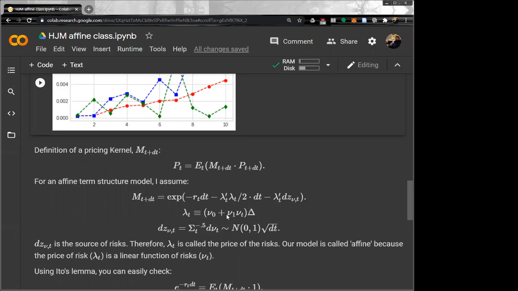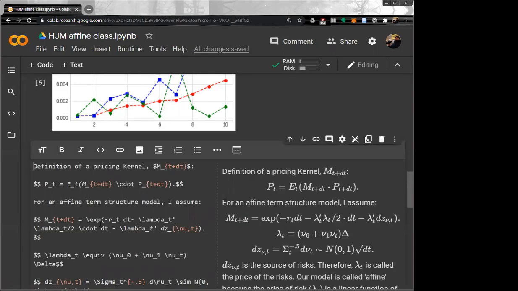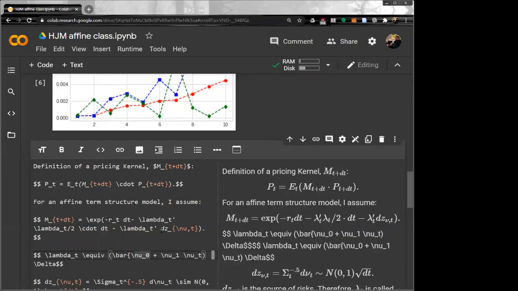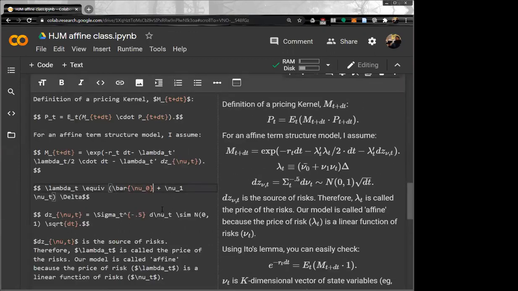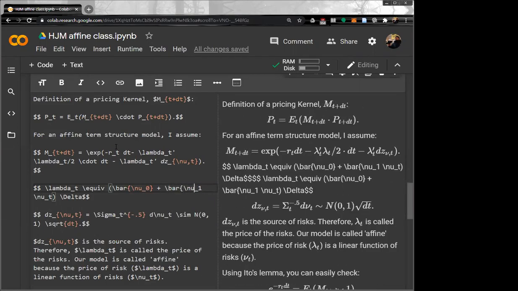Okay, to make it better, let me add a bar. So we have a bar over here, slightly better. You need another bar over here, and put a bar over the one.